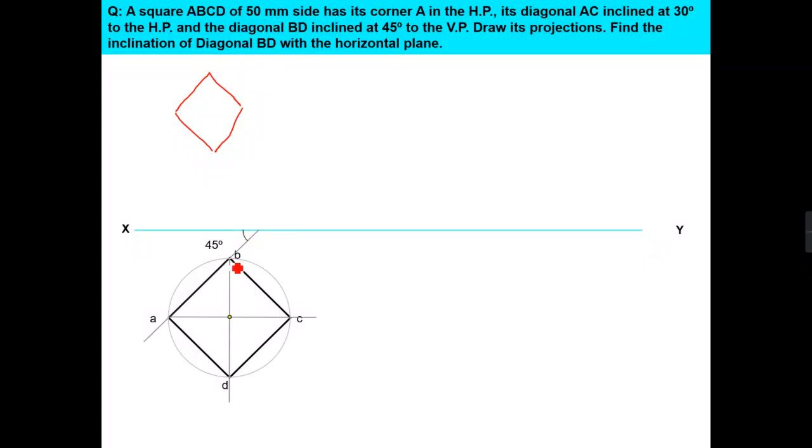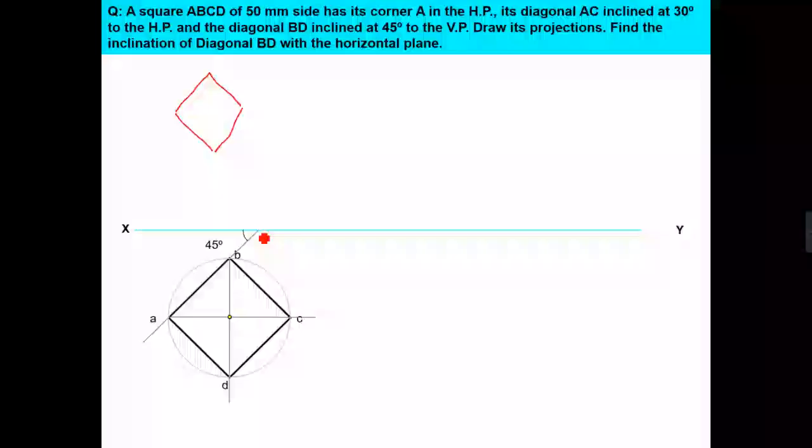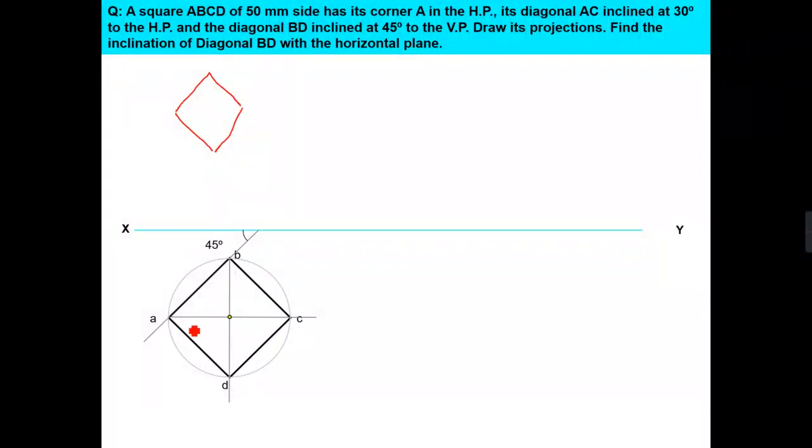As we know, this angle is 90 degrees, so all the sides will be equally inclined at 45 degrees with the XY line. So I can draw a line at 45 degrees, and starting from that I can mark the 50 mm long side on this line. After that I can draw a square.